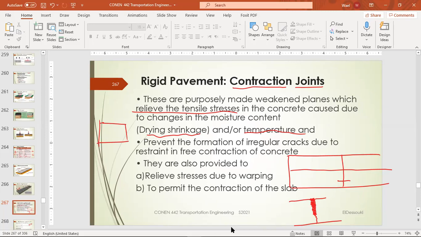There is a contraction due to drying and due to temperature change. So instead of having the surface of the rigid pavement crack randomly, simply what we do is make these contraction joints. So how do we make these contraction joints? I'm just going to give you a cross section here.